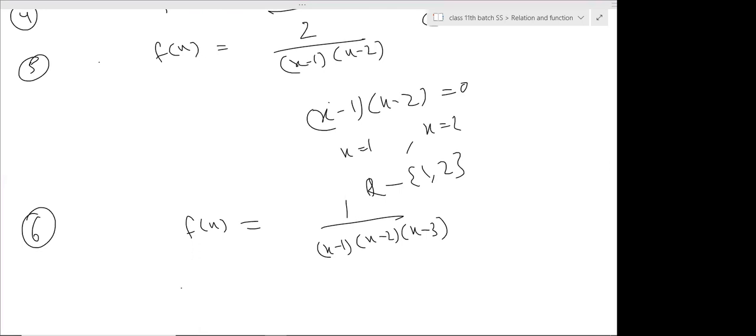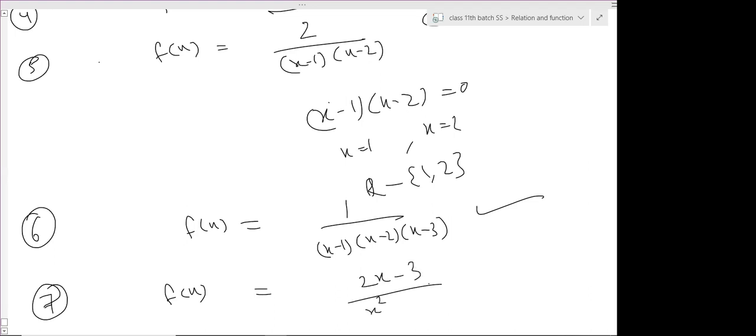So all real numbers except 1, 2, and 3. Absolutely right. Similar to the previous question we solved. I hope this is clear to both of you. Very easy. Solve this one.